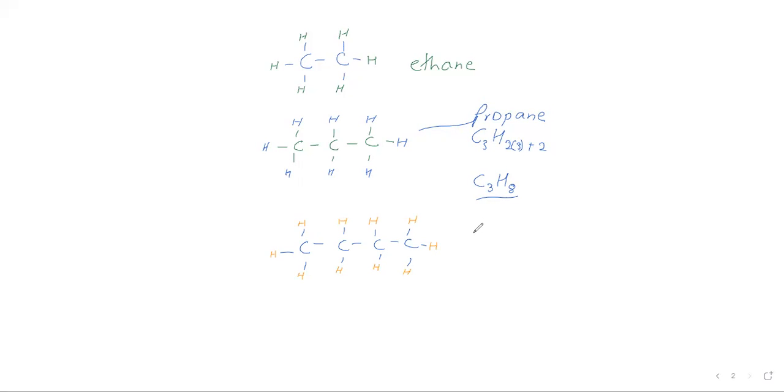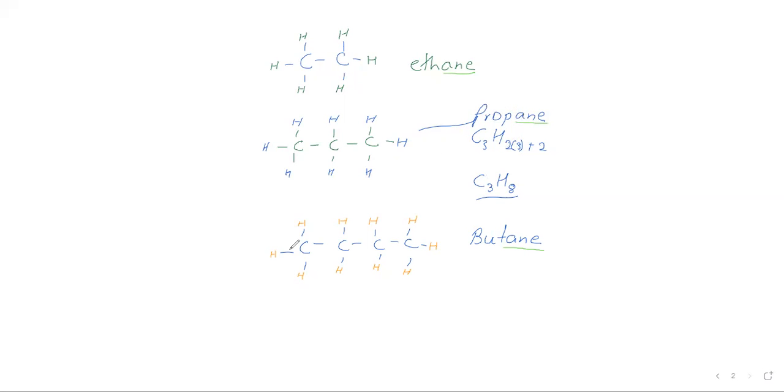And then this one is called butane. Now, I hope you realize that each and every one of these compounds end up with A and E because they are from the alkanes. The homologous group is called alkanes.